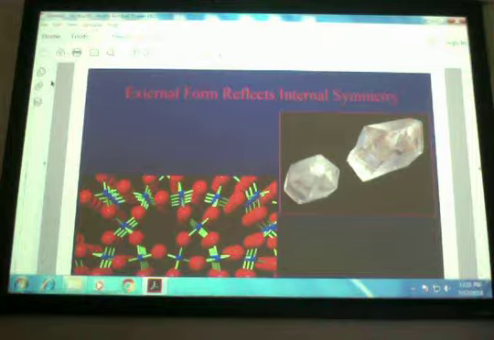If you are looking at this mineral, that is not a cube, that is a hexagonal mineral. Here we have the hexagonal crystal system.